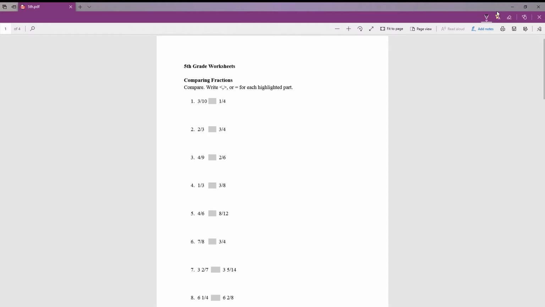Like, for example, if I were to give you 1/2, right? And then you had to compare it to 1/3. What you would do here is convert both of these so they both have the same common denominator.